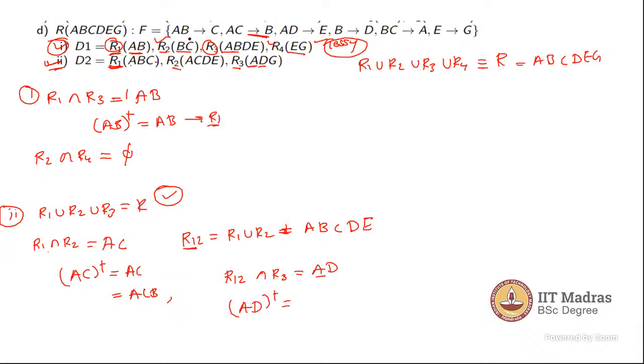From AD we can determine E. So that is A, D, E. Now from E to D we can determine G. That is A, D, E, G. From this we can get R3, that is A, D, G. So all the conditions are satisfied. Now this decomposition is lossless decomposition.